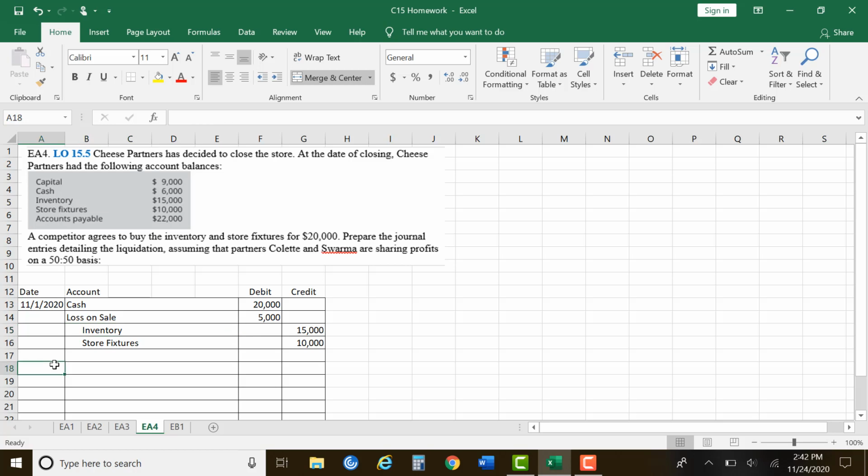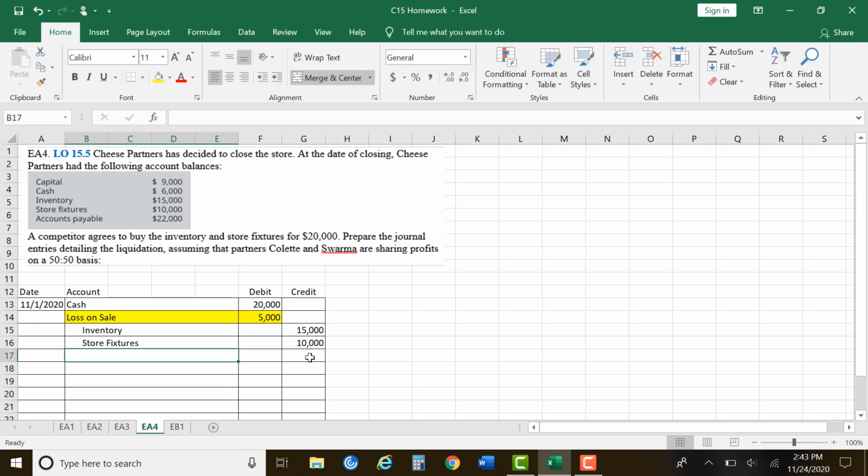Then it says prepare the journal entries detailing liquidation and assume they share the profits on a 50-50. So we're going to assume they share that loss on a 50-50 basis as well.